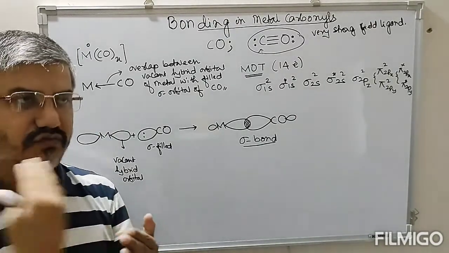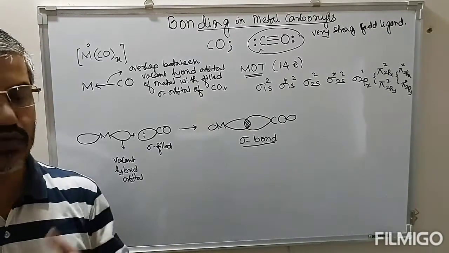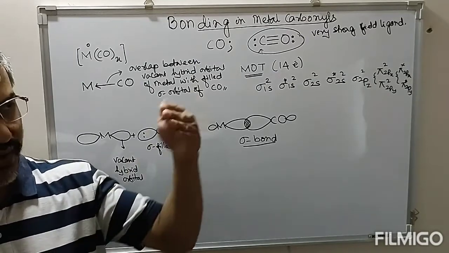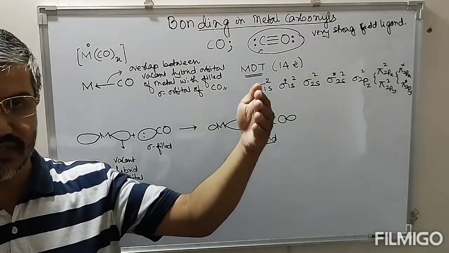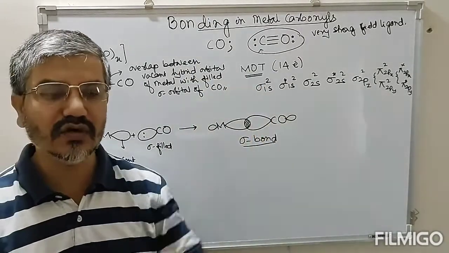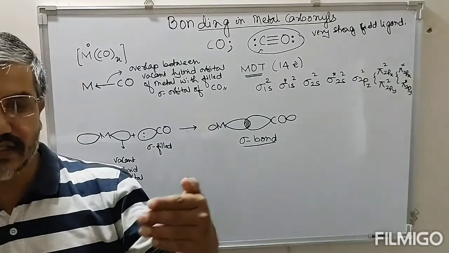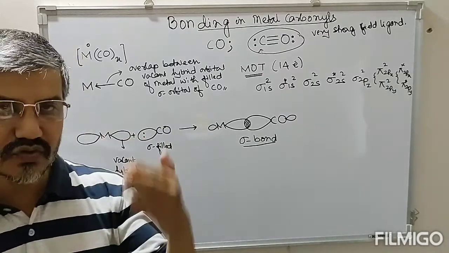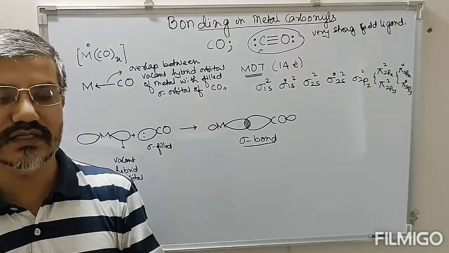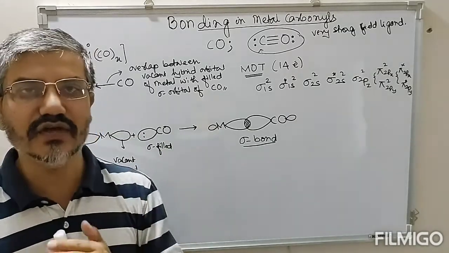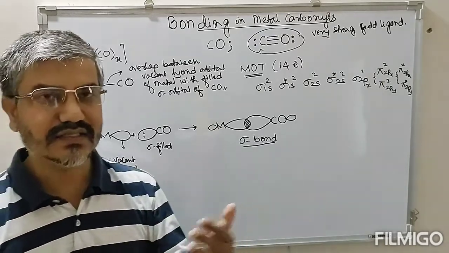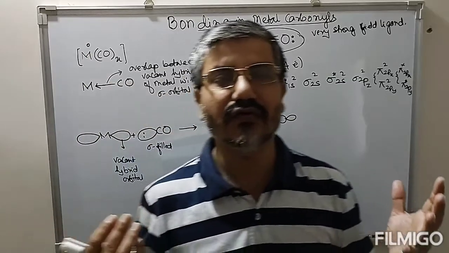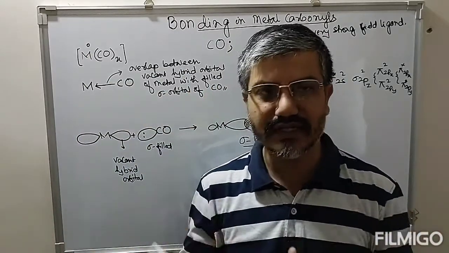When the ligand transfers electron density to the metal, the electron density on the metal increases. There is a repulsion between the d electrons already present in the d orbitals of the central metal and the electrons coming from the ligand. Because of this repulsion, due to excess accumulation of electron density on the central metal, the potential energy of the system increases.